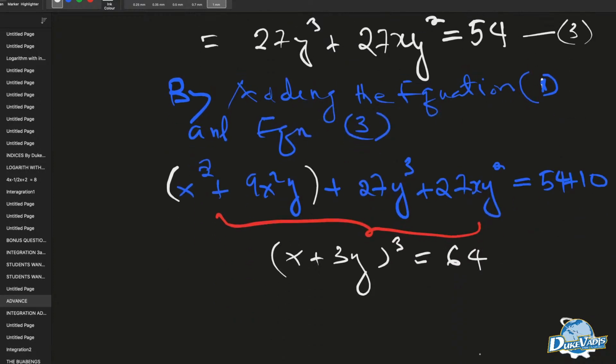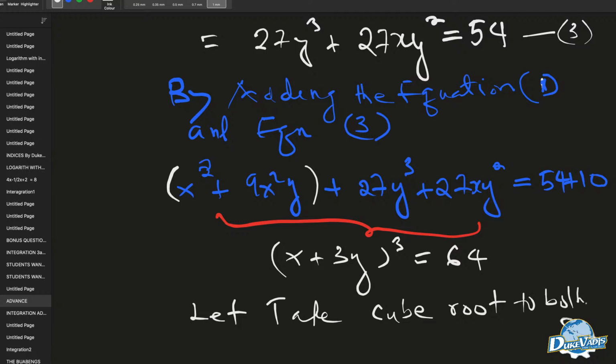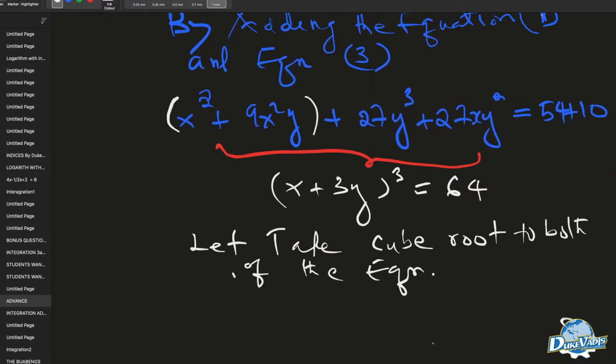Okay, isn't that beautiful? Now let's take cube root to both sides of the equation. Okay, the cube root of that. So now we have x plus 3y cubed is equal to 64.